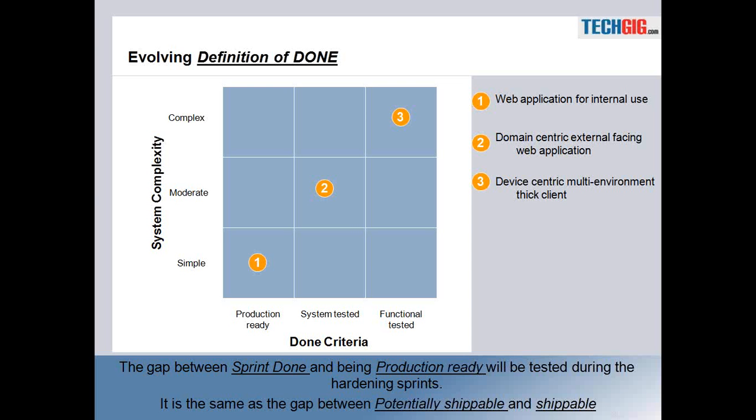So you are going to have some level of release level testing, and some level of independent test phases towards the end. So you can say that at the end of each sprint I have a system tested software which has to go through a certain level of release testing before it gets released to the market.